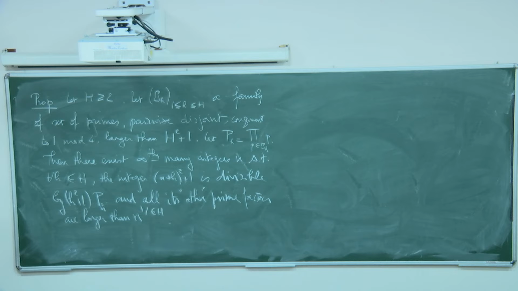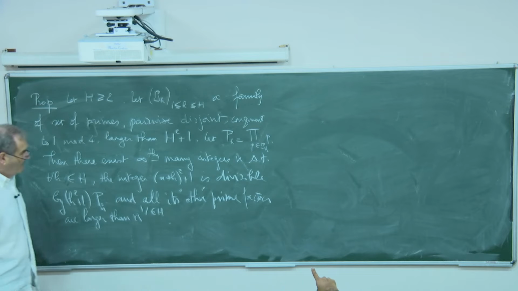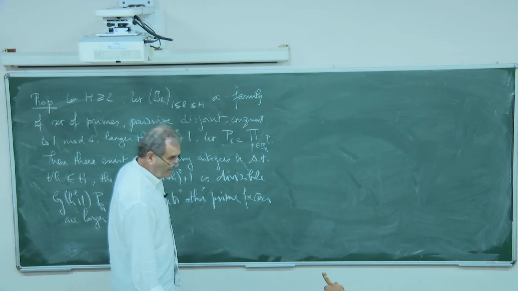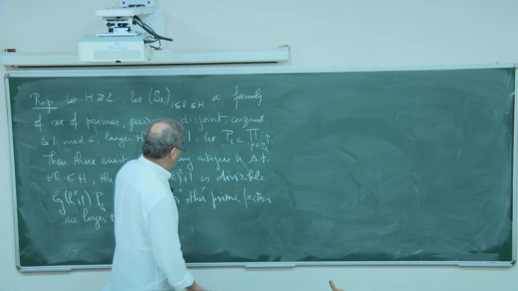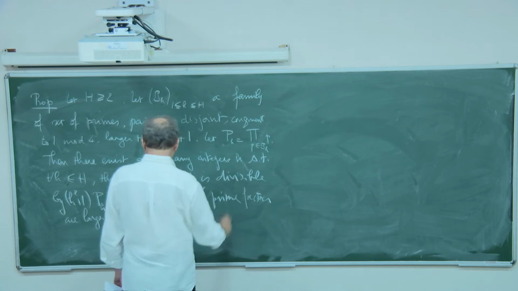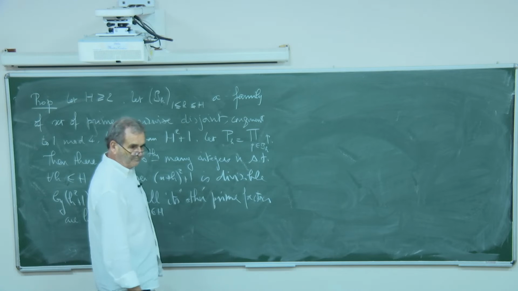So this is notation. 𝒫_h is a family of primes, and P_h is the product of the primes in this family.